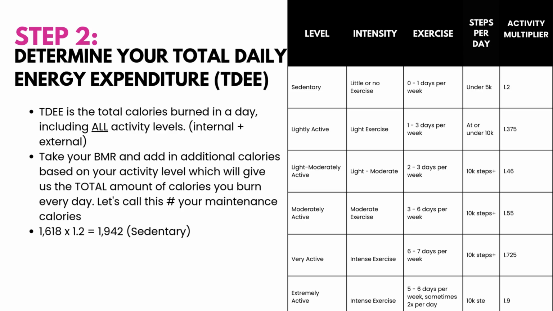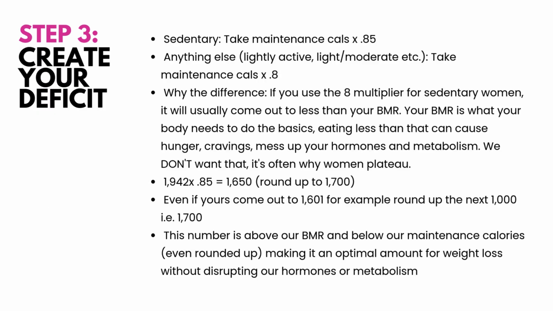If you take a look at the chart to the right, you can see how there's different multipliers for different levels of activity. There are different multipliers for each one. So her TDEE is 1,942.